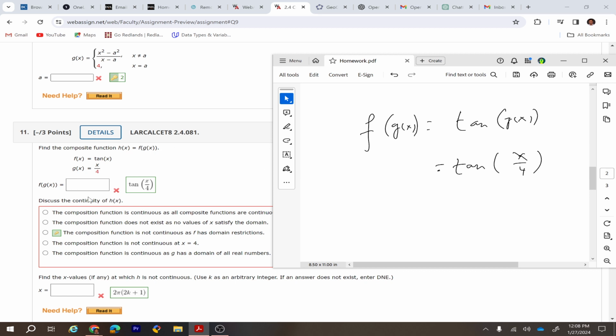So to find where this function is discontinuous, you need to know the graph of tan of x over 4. Wherever you see discontinuity for the graph of tan of x over 4, that is from trigonometry. The tangent function is not continuous. The composite function is not continuous as f has a domain restriction. If you look at the graph of the tangent function, there is a domain restriction.